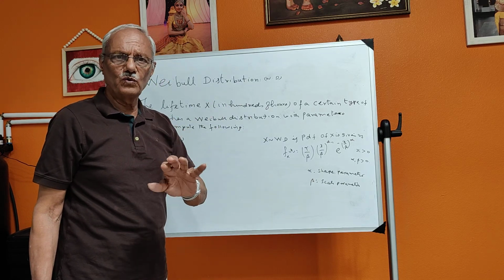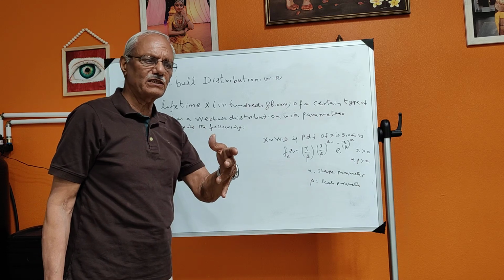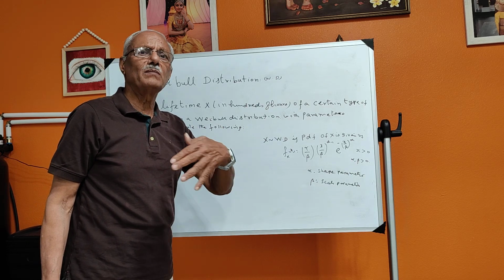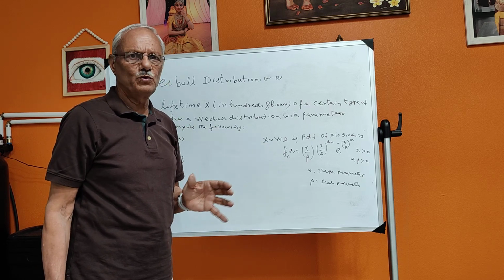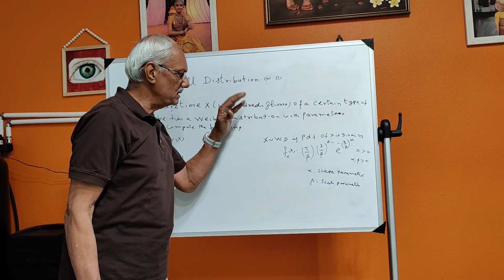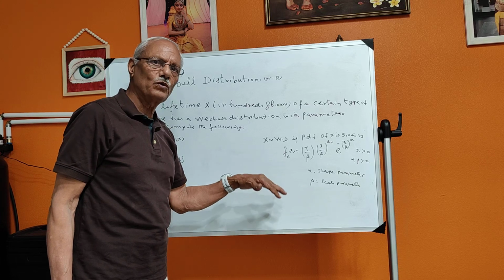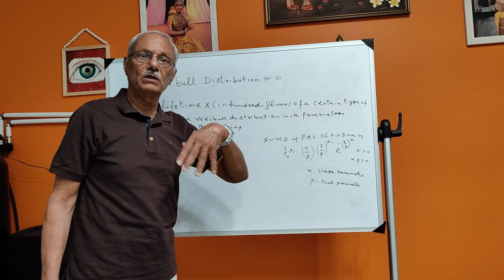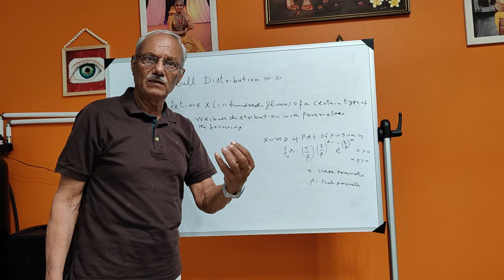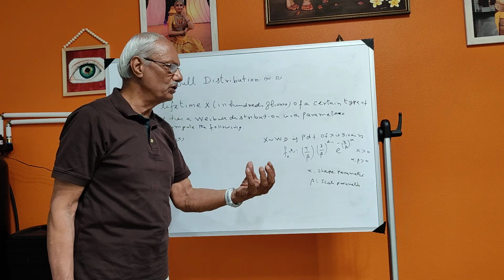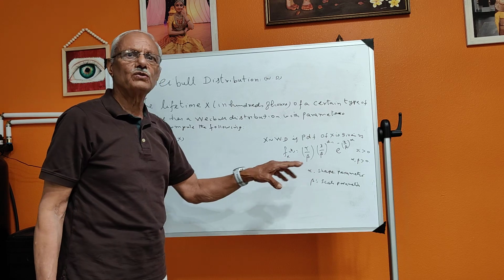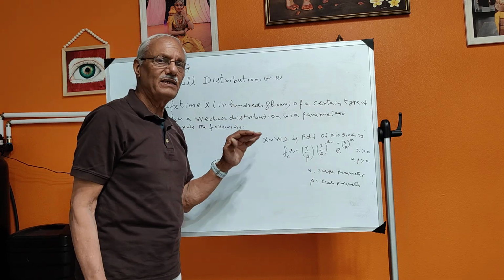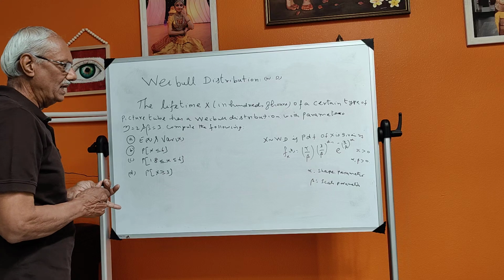Likewise, I have found the expectation and the variance of the exponential distribution also. This is a continuous distribution, for which I will now tell you how the mean or expectation and the variance of the Weibull distribution should be found. I will derive that.